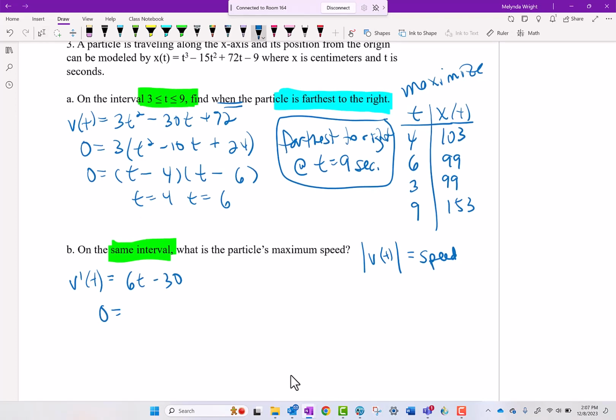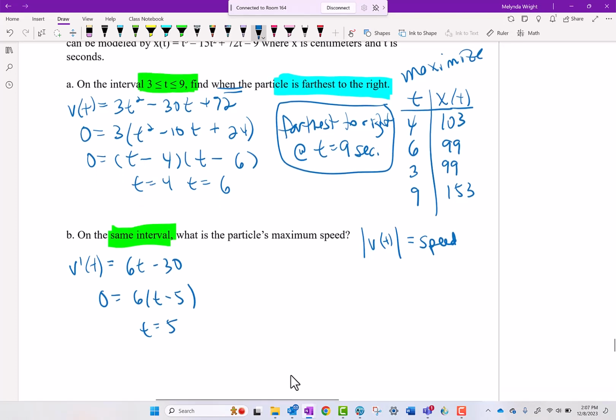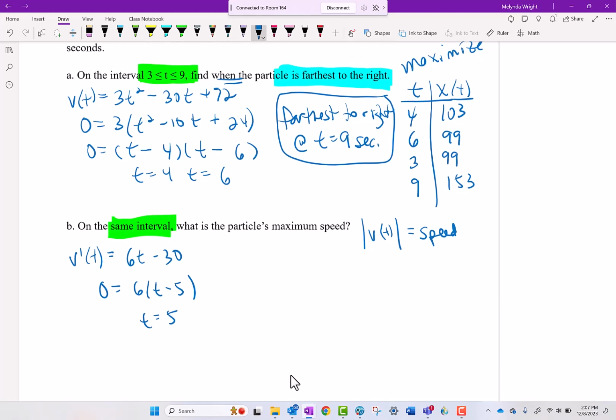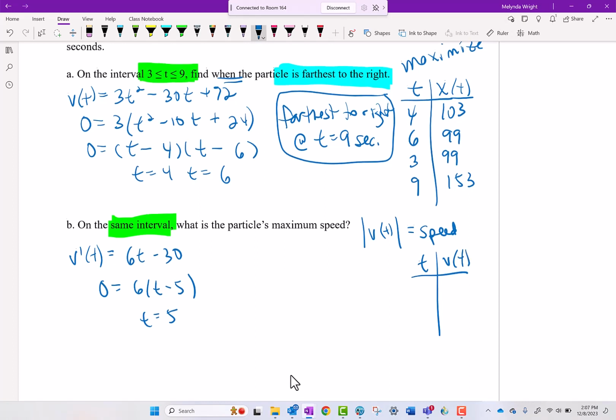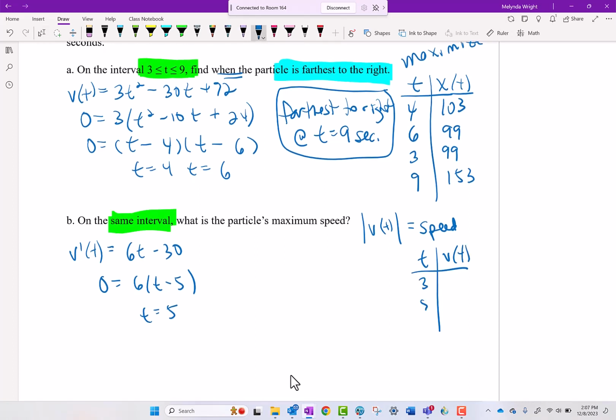So we set it equal to 0. And we get 5. Okay. So here we go. We're going to look at t and v of t, not v prime, because we're doing candidate's test. Right, so I need 3 and then 5 and then 9.